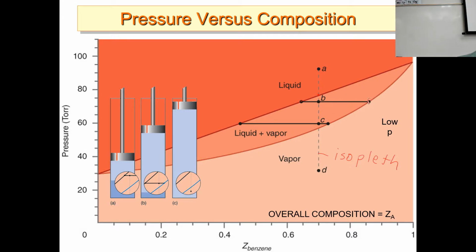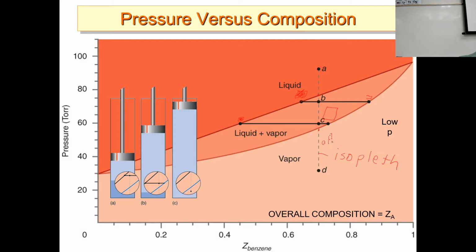So we have a little bit of vapor here, and we have mostly liquid. So we've got a big mass here of liquid and a little mass of vapor. And now we've pulled the piston out a little further, and now we have mostly vapor and a little bit of liquid. When we get past this line, it's all vapor.